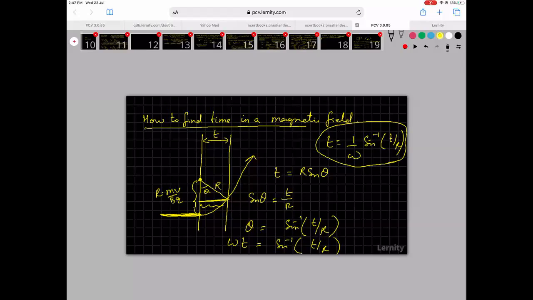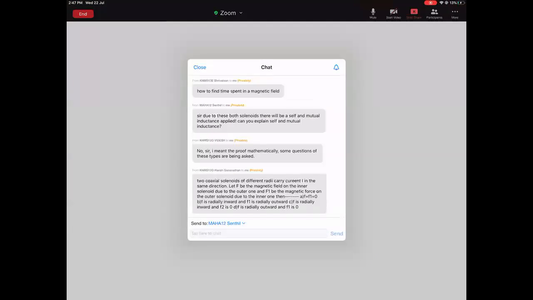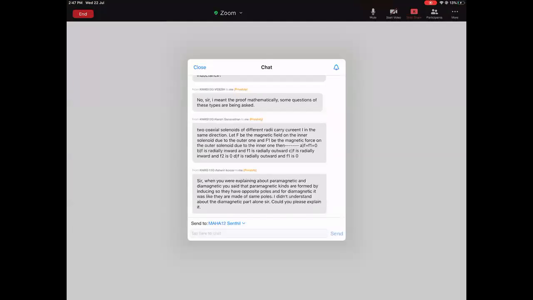So this t is time. So time spent we have calculated. You meant the proof mathematically. Okay, for a semicircle I will show mathematically, then we will see.